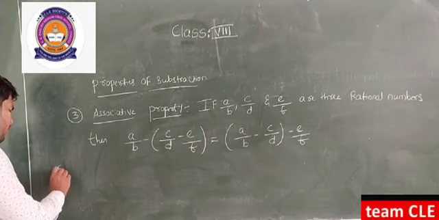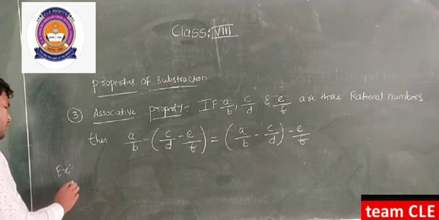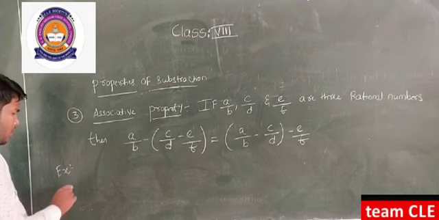By solving the example, we will come to know whether the associative property holds good for subtraction.